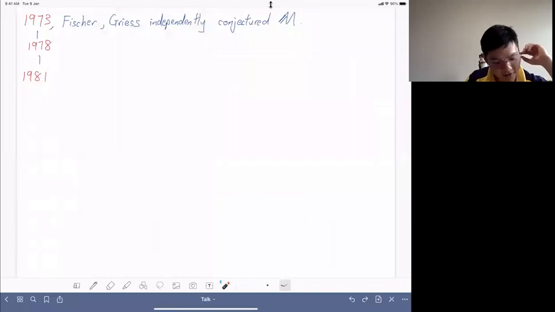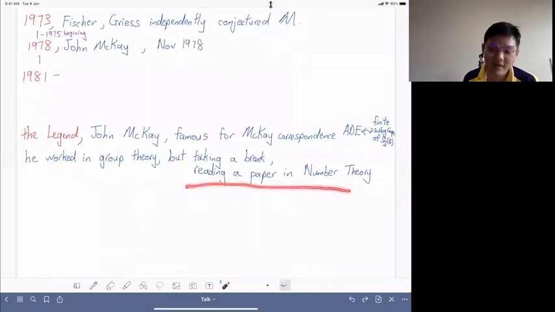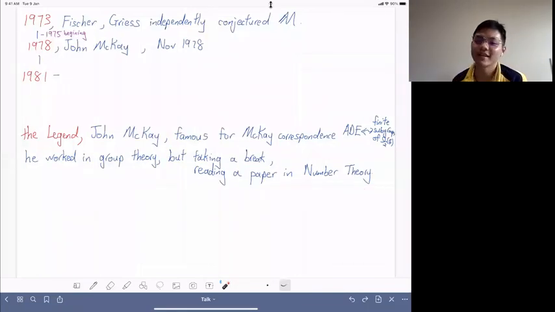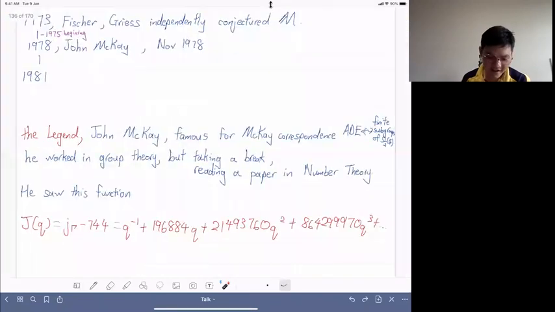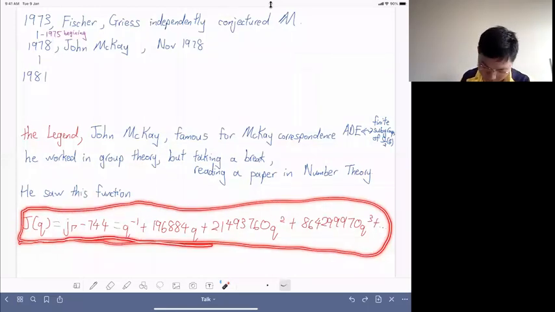So what happened? In 1973, Fischer and Griess independently conjectured this group. But before the group came up, in 1978, John McKay was working in group theory but taking a break. He read a paper on number theory and saw this J function, the so-called Jacobi function.